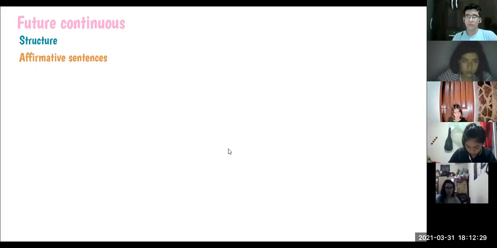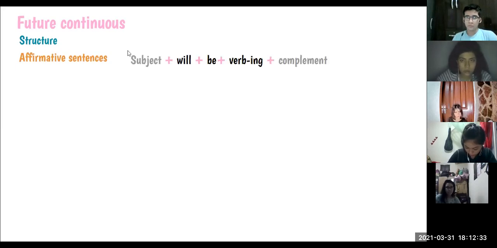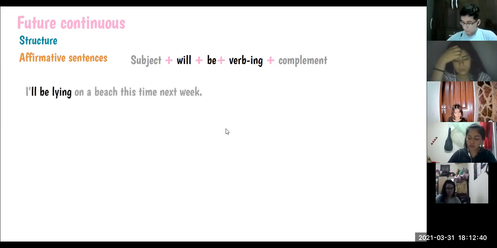What do you need for the affirmative sentences? Subject, will, be, and verb ing. Very good. Yes, we need a subject, will, be, and the verb in the ing form. This is the structure for the affirmative sentences. For example, I'll be lying on a beach this time next week.